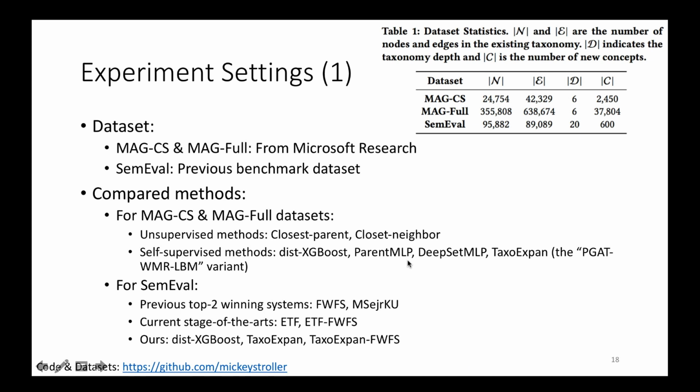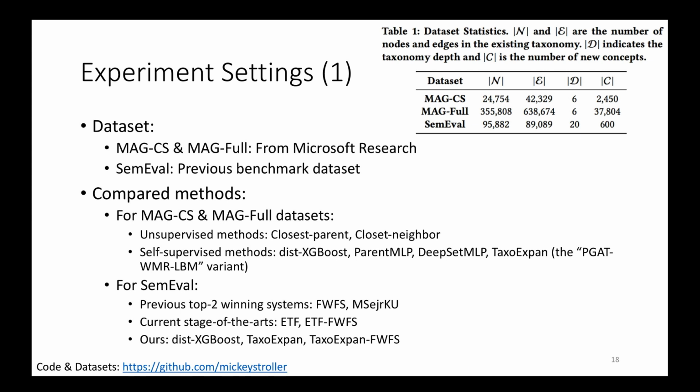For the parent MLP, you concatenate the node feature of a candidate parent node with the query concept, and then pass it through a multi-layer perceptron. For the deep set MLP, you take the average embedding vector of a candidate parent's parent, that is the grandparent of the query concept, and concatenate it with the candidate parent's position embedding, then concatenate the potential children nodes of the candidate parent.